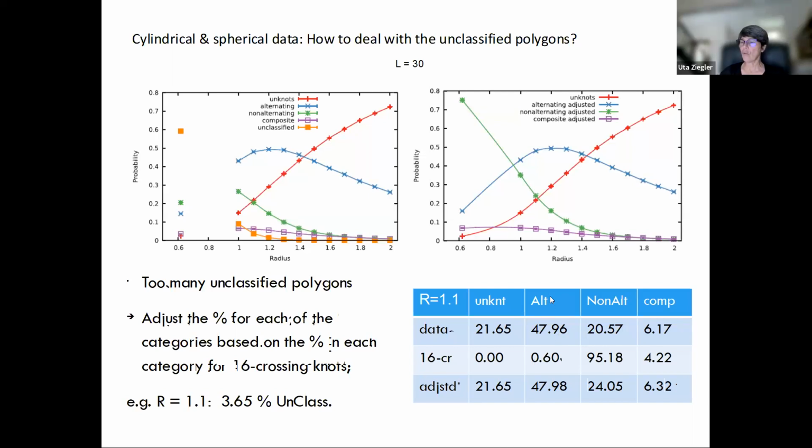And so we think we might overcount the alternating and the composite knots and maybe undercount the non-alternating knots. But it's the best we can come up with. So this is for length 30, where we basically can have data to compare.